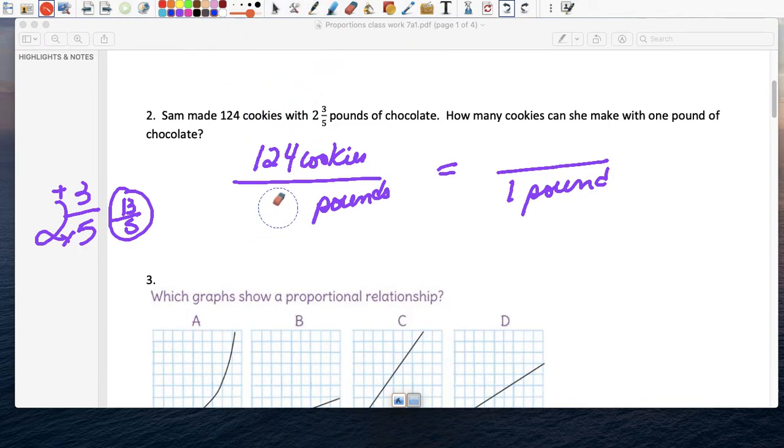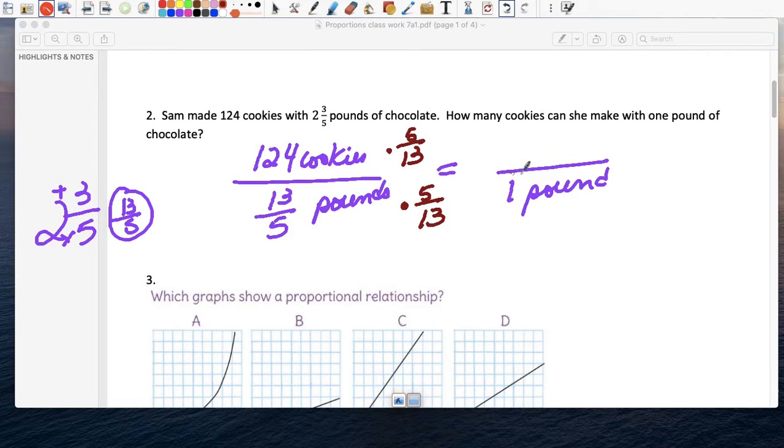Okay. So remember, how does 13 over 5 become 1? We're going to multiply by the reciprocal, right? We multiply this by the reciprocal. And you can do that in your calculator, which is what I'm going to do. 124 times 5 divided by 13.